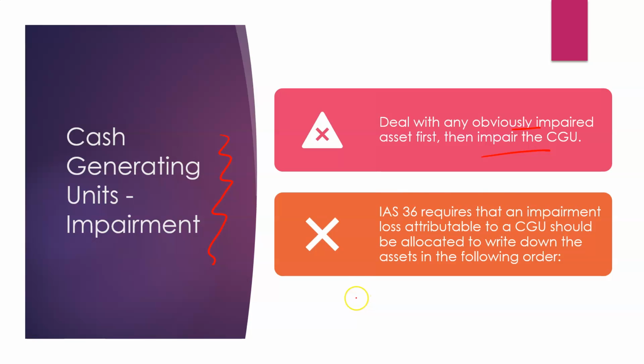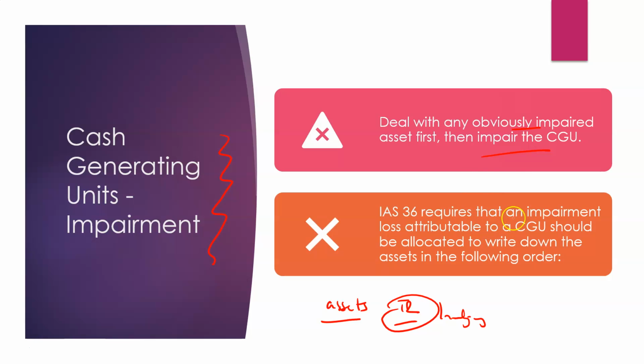But if you have any assets already at their recoverable amount, at their lowest amount so to speak, we don't take them down further. Typically things like trade receivables and inventory, we don't do any further write down. We look at the assets that have some kind of real value, that could be revalued again.